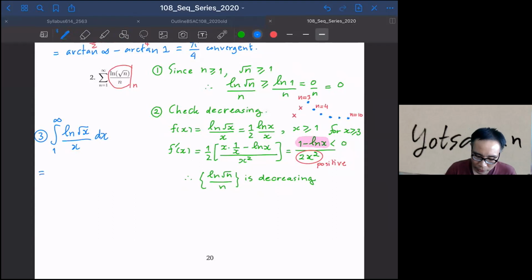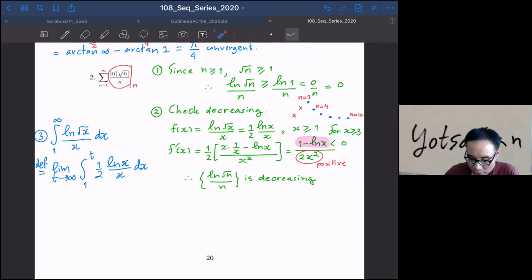By the definition, this changes to the limit as t goes to infinity of the integral from 1 to t, and like I did earlier, I can write this as log x over x dx, with 1/2 on the bottom. Then we're just going to perform the substitution. So let's integrate this one by using the substitution.